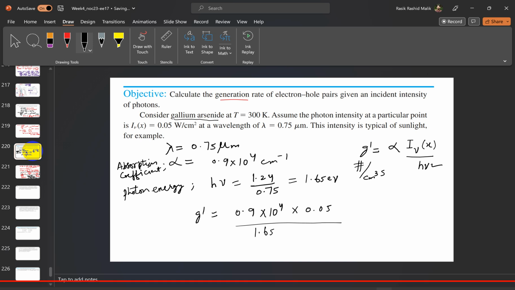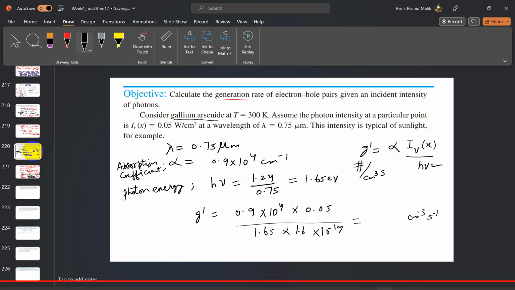And then we have to divide it by h nu, so that is 1.65. But here the photon energy is in electron volts and IV is in watt units, so we have to convert this 1.65 into joules by multiplying it by 1.6 into 10 to the power minus 19, and the result will be in units of per centimeter cube per second.